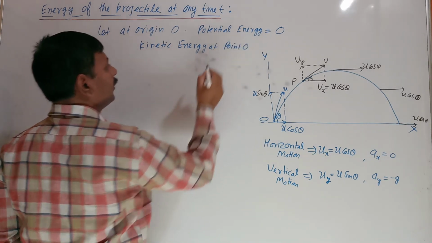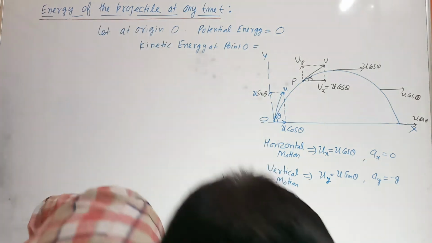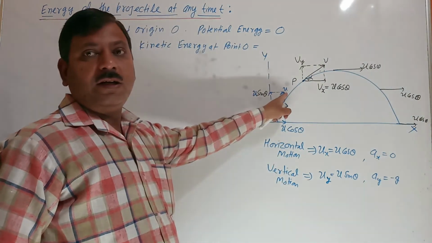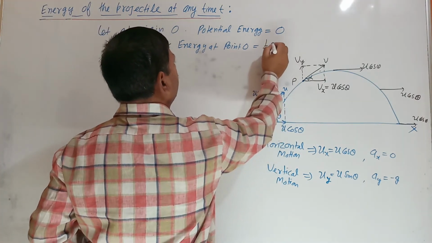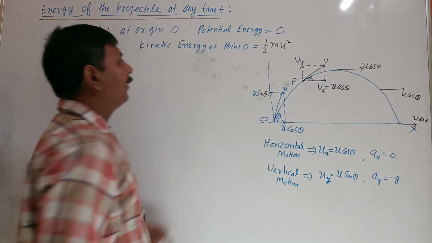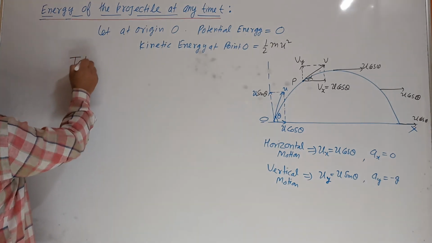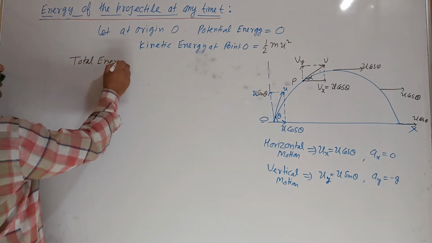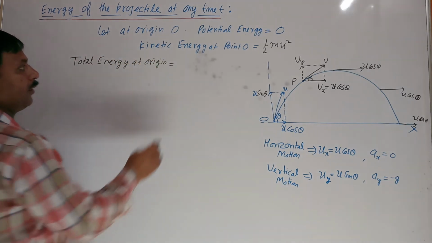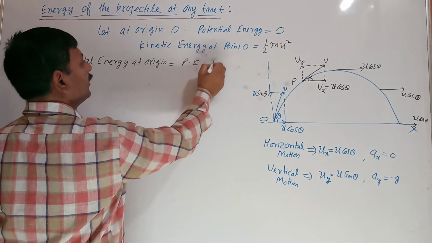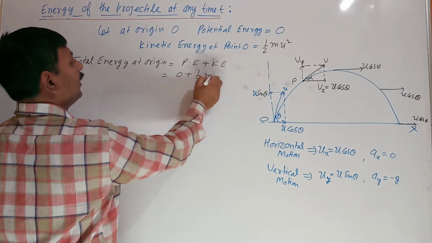You can see here the speed is u, so kinetic energy will be half m u square, where m is the mass of the particle. The total energy at origin is potential plus kinetic, so that is 0 plus half m u square.